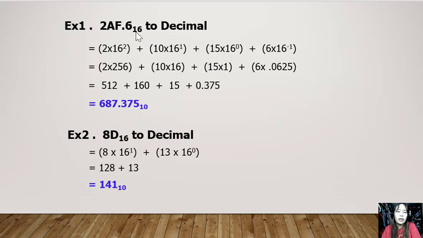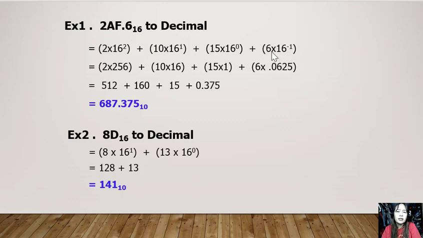And then looking at the decimal part, which is 0.6, 6 here will be multiplied by 16, just the same. But since it is the first digit after the decimal point, that will be in position 1. Again, I'd like to emphasize, if you have another value following 6, let's say you have number 5, that will be position negative 2. If you have a third digit there on the decimal point, that will be position negative 3. Alright, so in this case we only have 6, so that will be position negative 1.